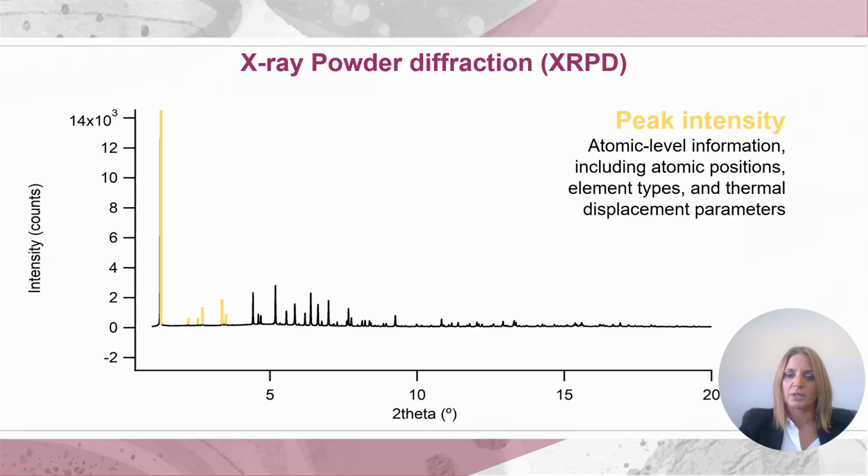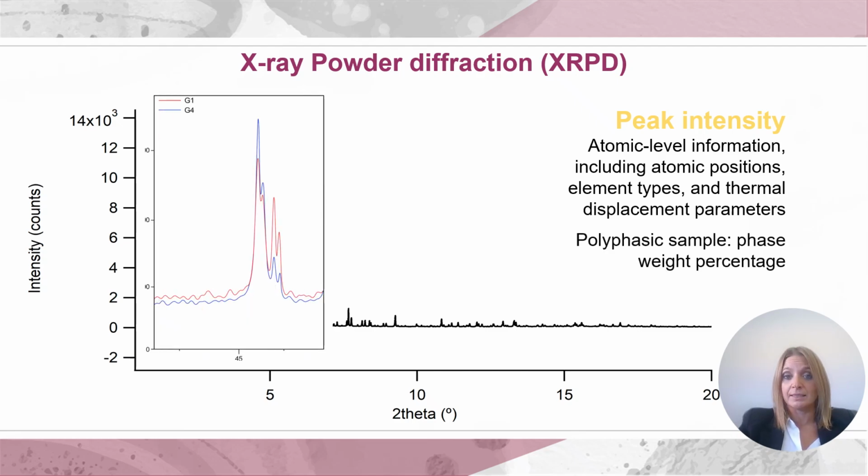This is really important for the structural analysis, but we also have to take into account that the intensities in multi-phase mixtures are related to the phase weight percentages. So this information can help us to quantify the phases that are present in our polycrystalline samples.